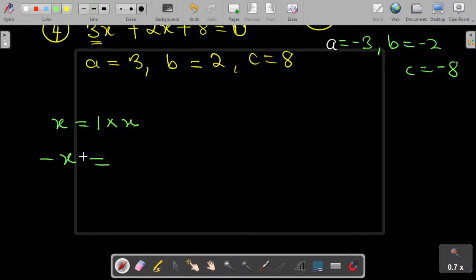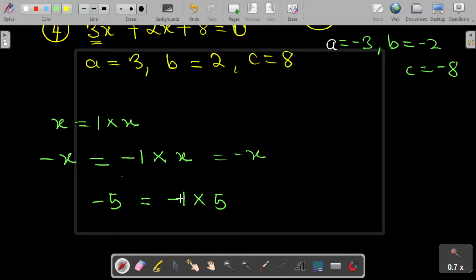Yes, if I have x like this, the coefficient of x is 1 because x is the same thing as 1 times x. So the coefficient is 1. If I have minus x, the coefficient of minus x is minus 1 because minus x is the same thing as minus 1 times x. If you multiply this, you will get minus x. You can use numbers to check it for yourself. If you have minus 5, it is the same thing as minus 1 times 5. You can use your calculator to check.